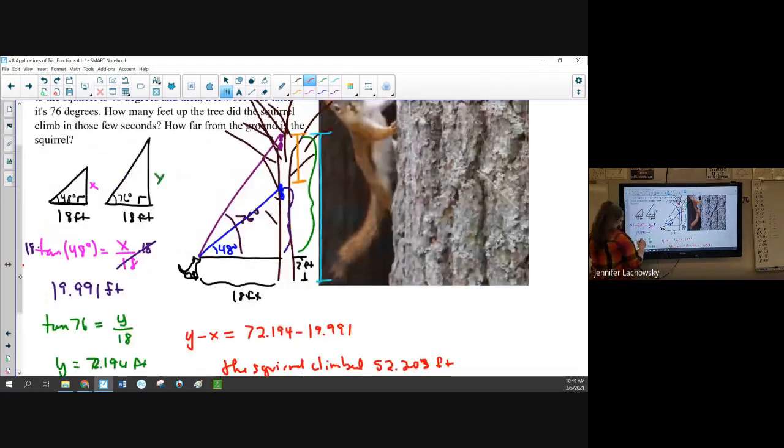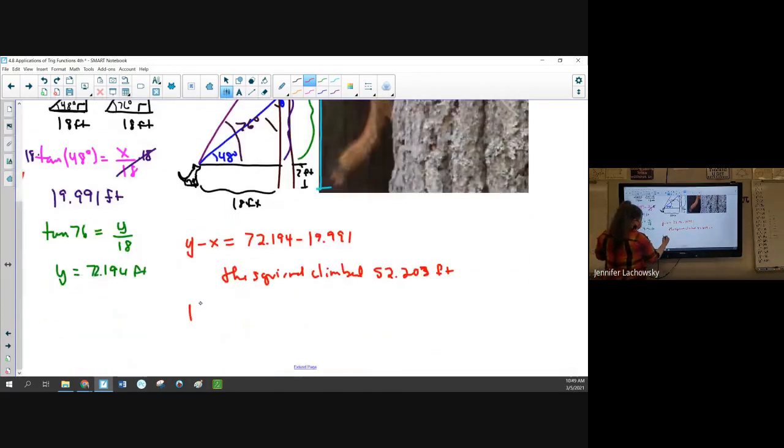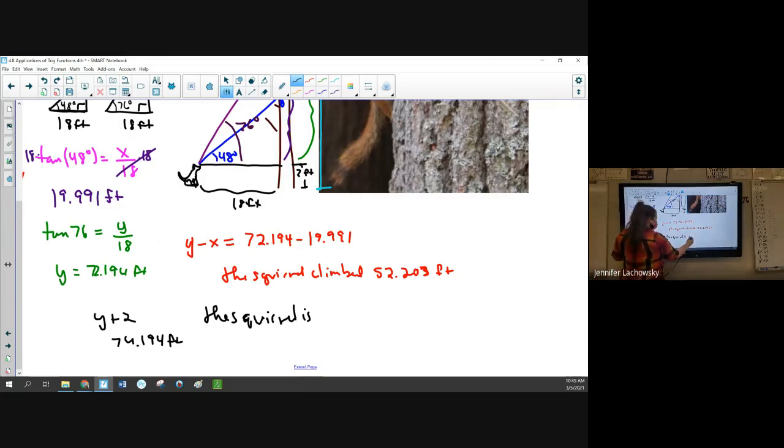The squirrel is, let's see, y plus 2, 74.194 feet up in the air.